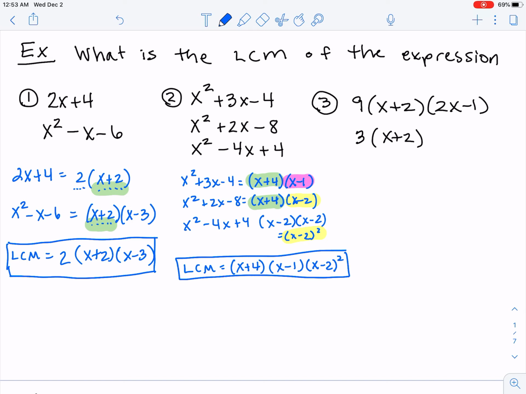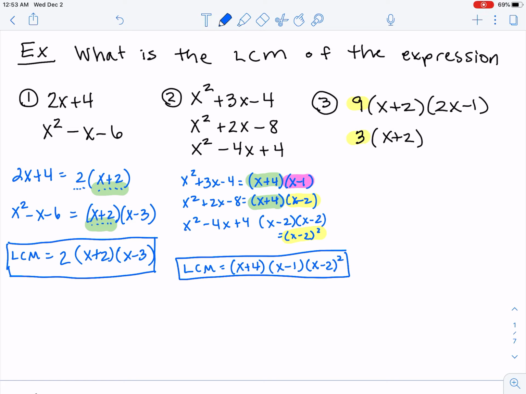Okay. Take a look at number 3. I have 9 times the quantity x plus 2 times the quantity 2x minus 1. So that's one expression. The other expression is 3 times the quantity x plus 2. So here's the great thing, is that these are already written in factored form. So I've got to take a look at this 9 and this 3.